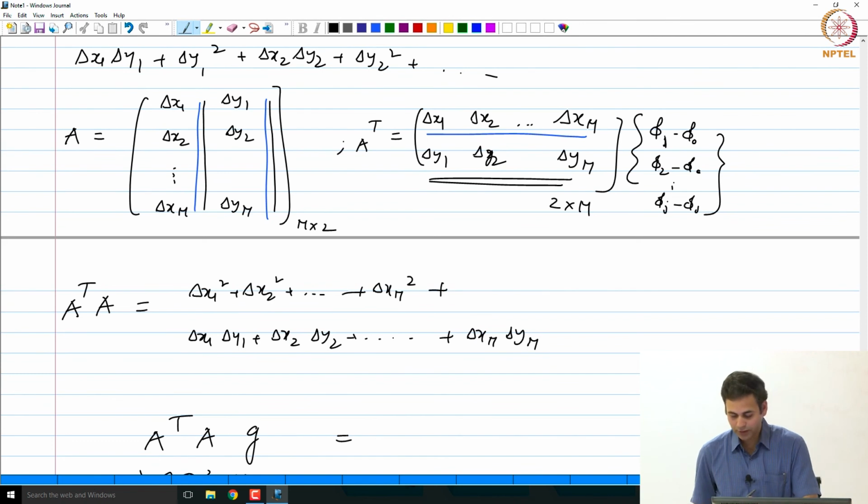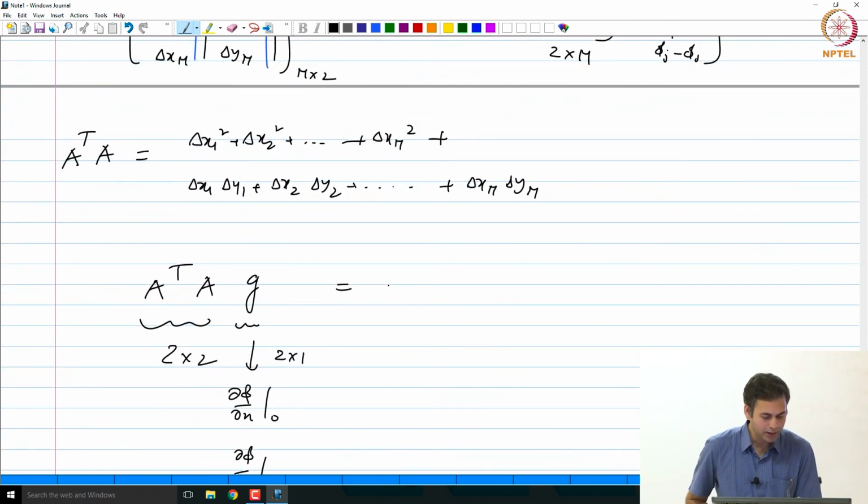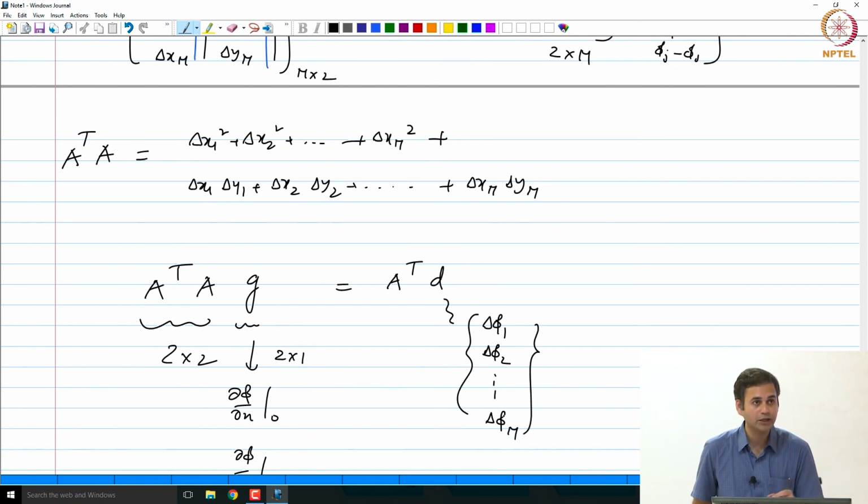This is nothing but our D, or A transpose times D, that is your delta phi. This is delta phi 1, delta phi 2, and so on, delta phi m, which is phi 1 minus phi 0, phi 2 minus phi 0, and so on.